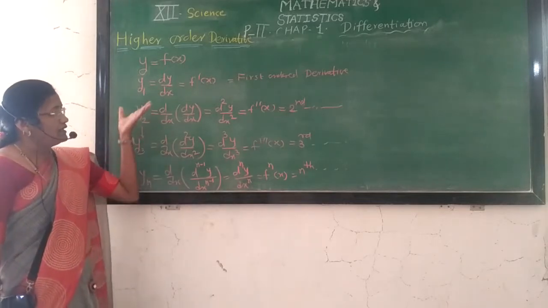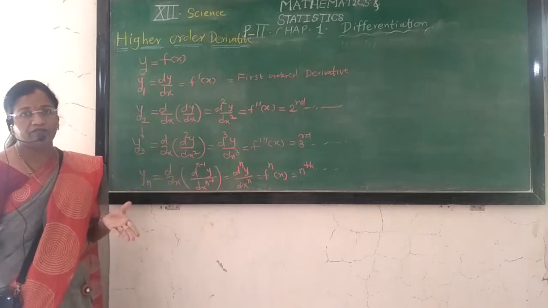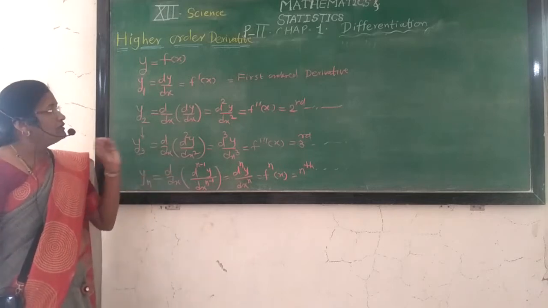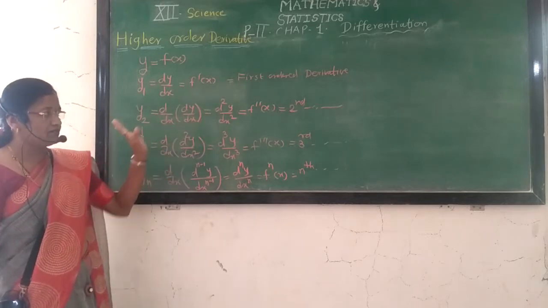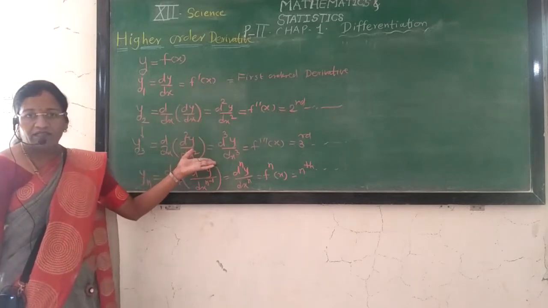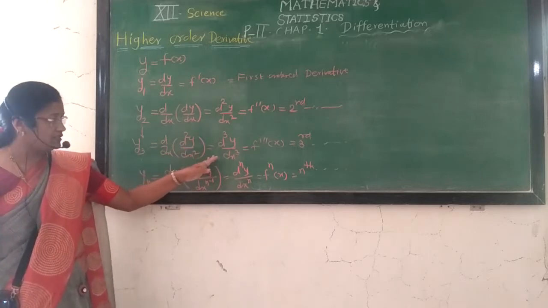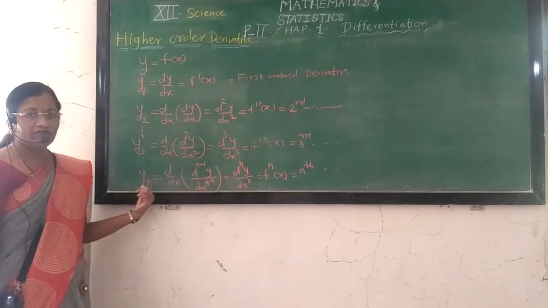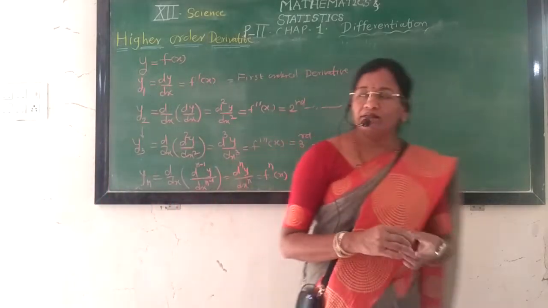So we find the derivative of the function by successive differentiation. If the question asks to find d2y by dx square, then we only have to differentiate twice. If given to find d3y by dx cube, then we take its thrice differentiation. And if the question asks to find yn, then you differentiate the function n times.